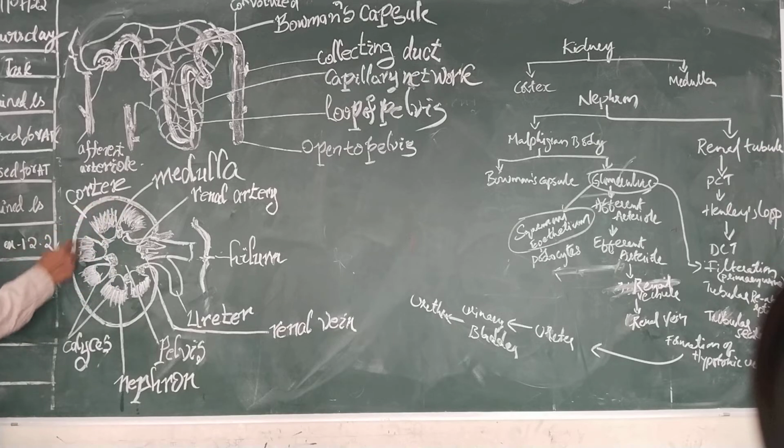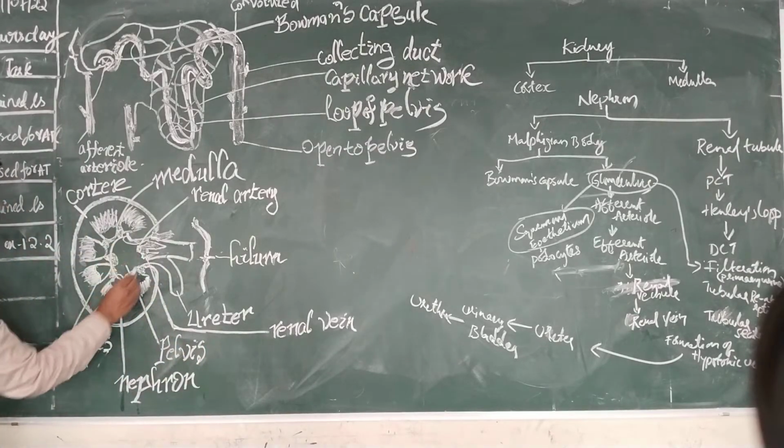The outer portion, which shows a dark reddish color in the lateral section of the kidney, is the cortex. The inner portion is known as medulla.